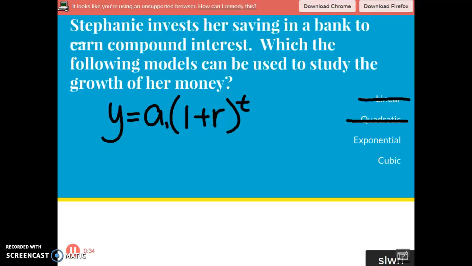Now we have learned that an exponential equation has an exponent with a variable. In this case, the exponent is t. So it looks to me like this is an exponential equation. And definitely a cubic equation has an exponent of 3, so we know it's not cubic. So this equation is an exponential equation.